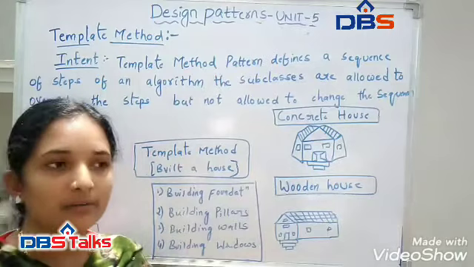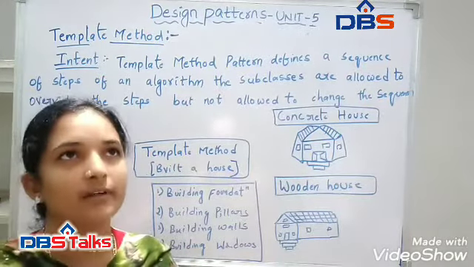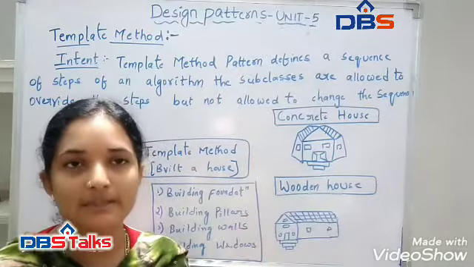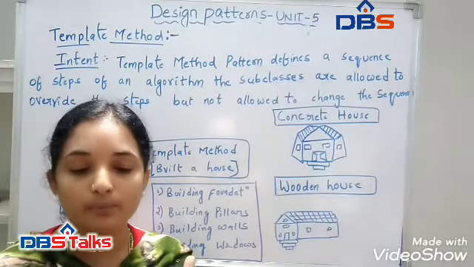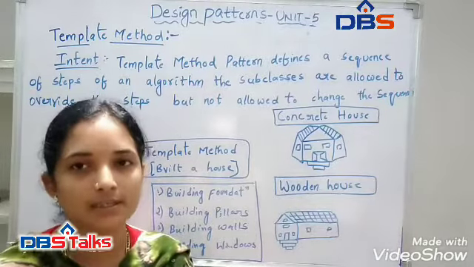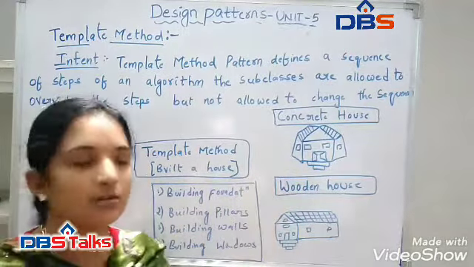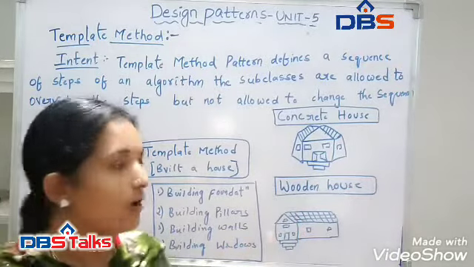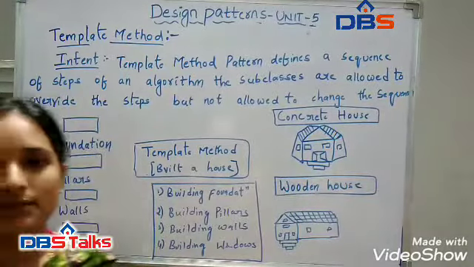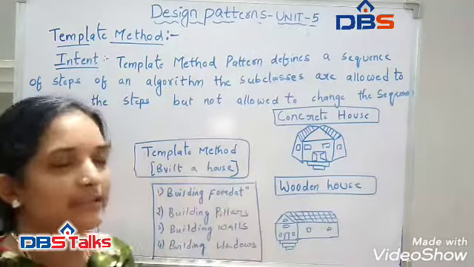Whatever we want to construct or design as a program, we have to follow the same steps, but the program names and the house names will change. Here we are using the concrete house and here the wooden house. Whatever we are doing, we have to follow these same steps. That is the meaning of the template method.